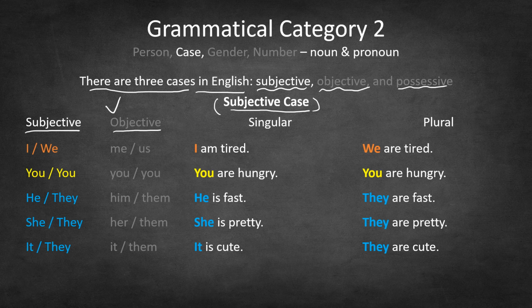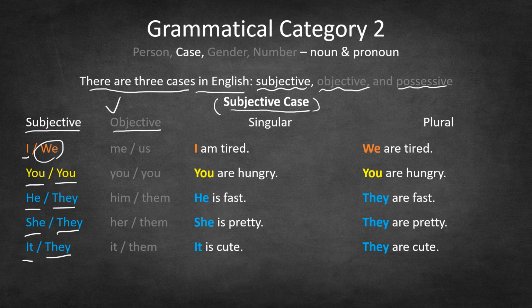I already have told you that I is the first person singular, we is the first person plural, you second person singular, you second person plural, he third person singular, she third person singular, they third person plural, it third person singular.